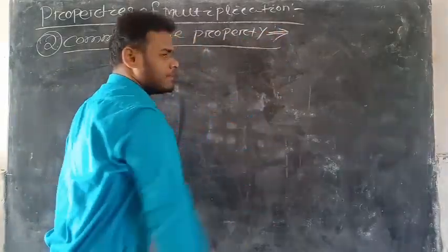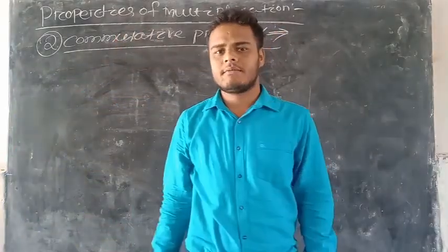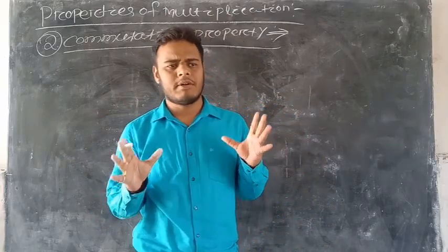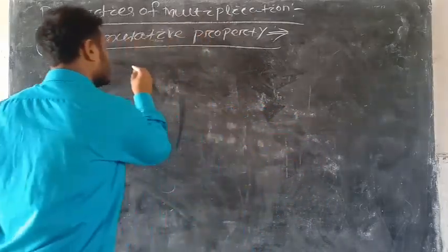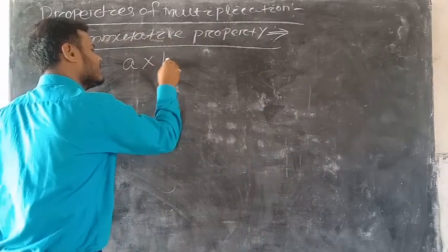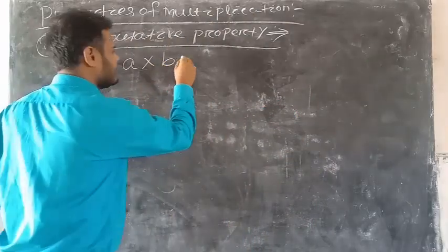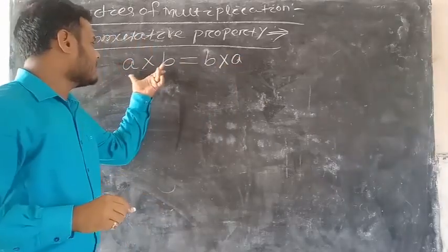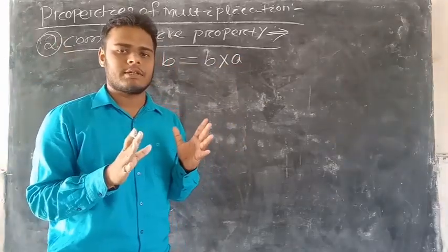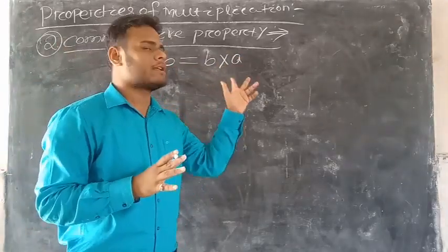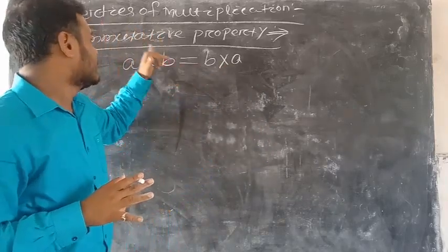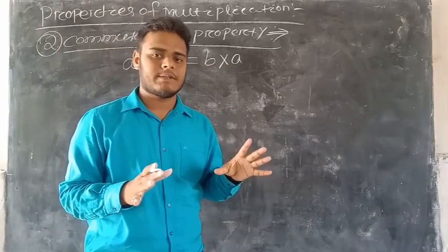The commutative property of multiplication says that if I multiply a into b, the result will be the same when I multiply b into a. So whatever result comes when I multiply a by b, the same result will come when I multiply b by a. Then I will say that the commutative property is satisfied for multiplication.